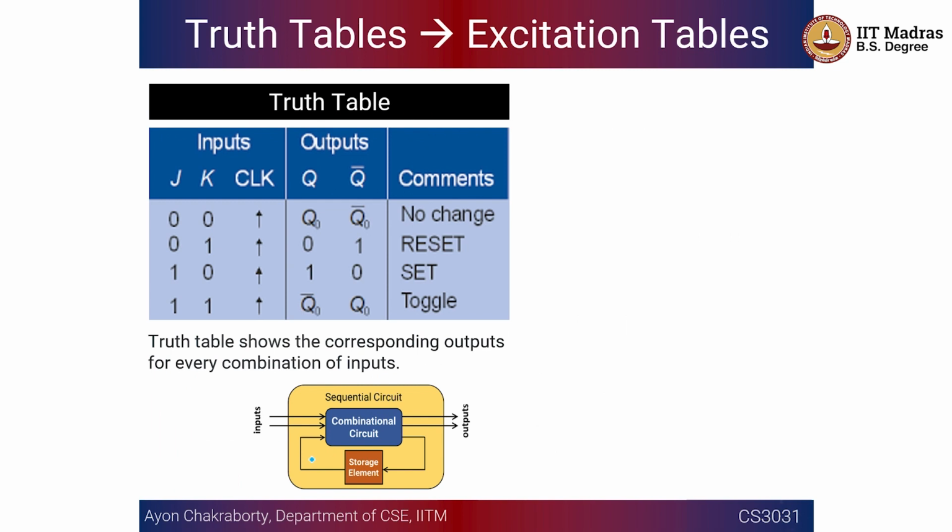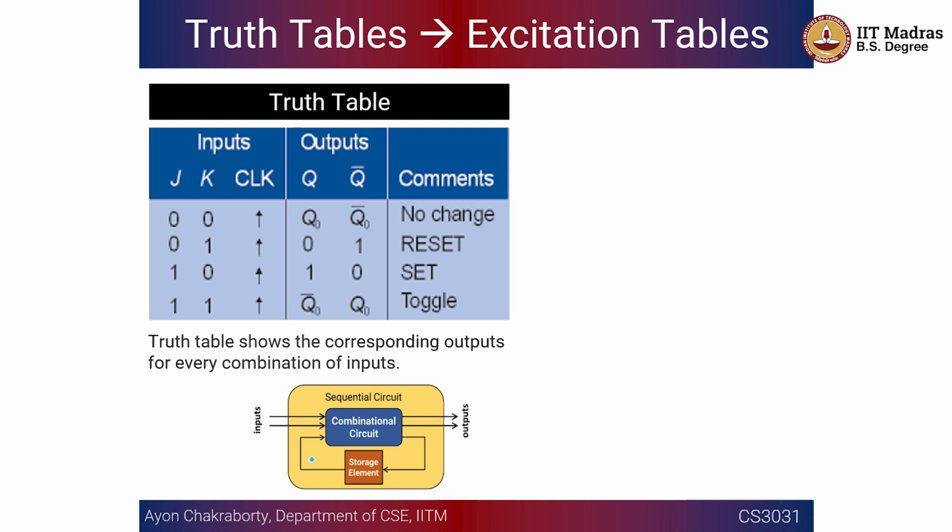So one thing that is new to us is the concept of excitation table, which is different than truth table. In truth table, what we have seen is a relationship between the inputs and the outputs, right? So truth table is something that we have typically studied in case of a combinational circuit, and in a combinational circuit, a truth table tells you about the functional mapping.